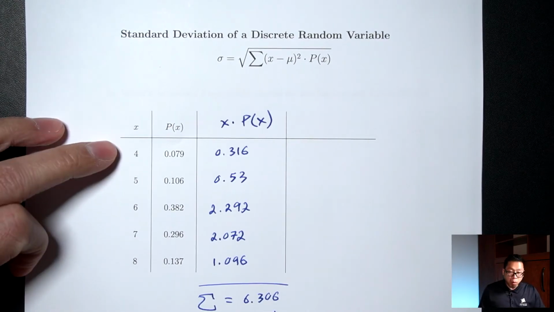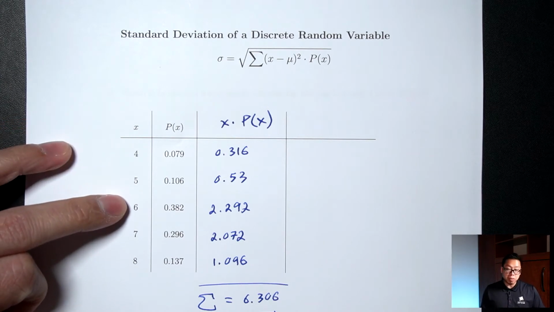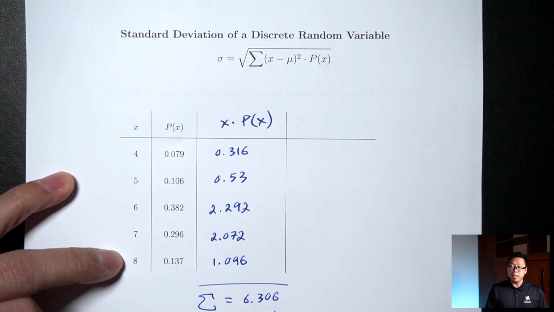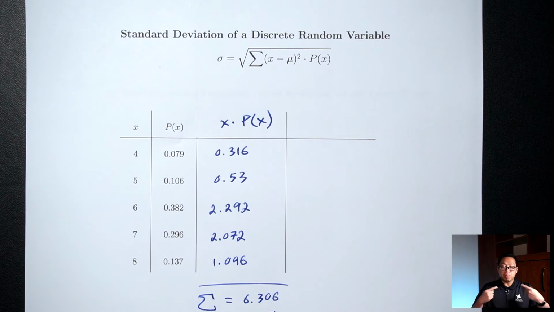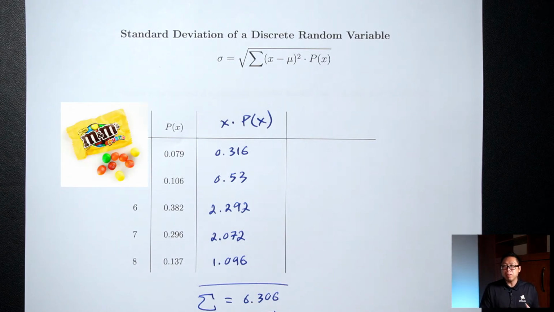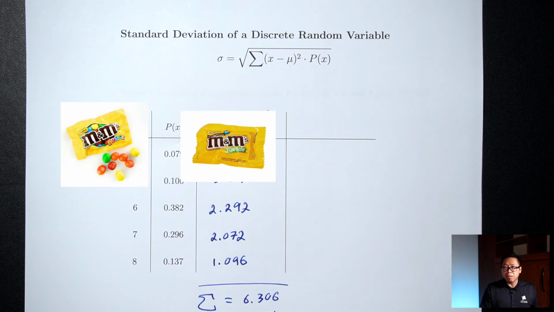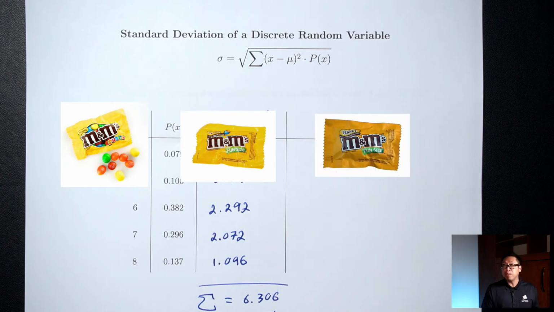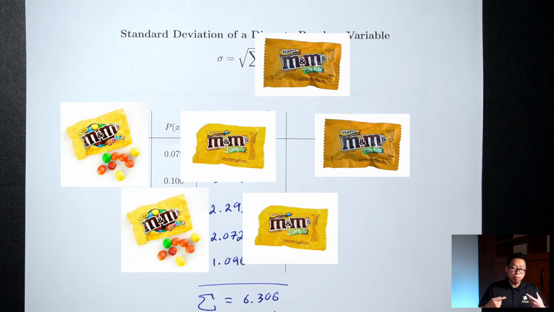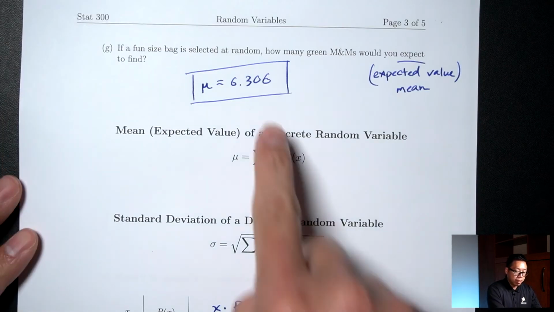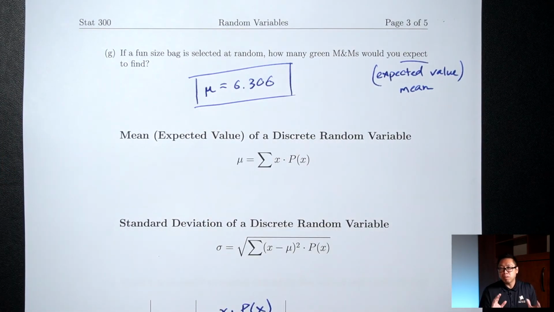Sometimes you'll get a 4, sometimes a 5, sometimes 6, sometimes 7, sometimes 8. If you repeat this process over and over and over again, take a bag, open it up, count the green M&Ms, open up another bag, count the green M&Ms, then on average, you'll get about 6.306 green M&Ms.